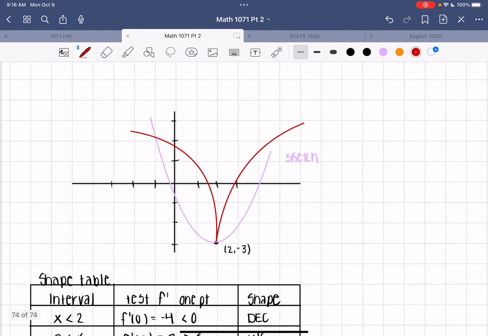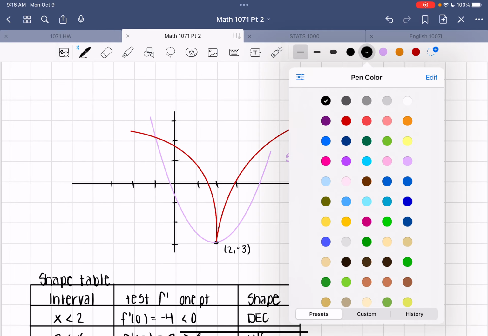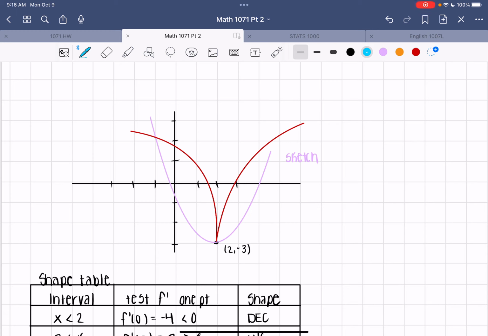Because you see the purple concave up means that the bowl holds water. It's curving upwards like that.